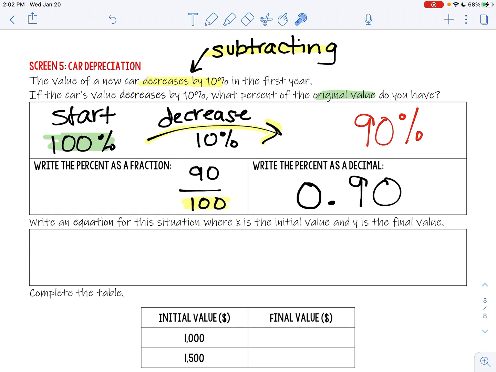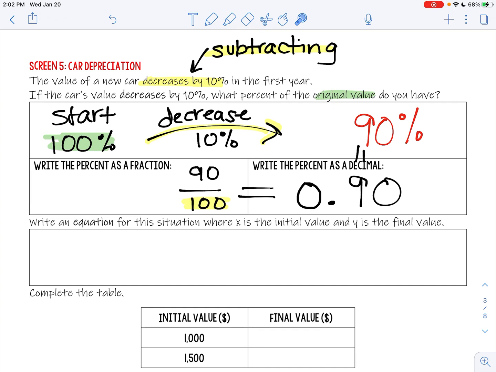Or you can notice that 90 divided by 100 is 0.9. These are all equal to each other. 90% is the same as 90 over 100, which is equal to 0.9, or 9/10.